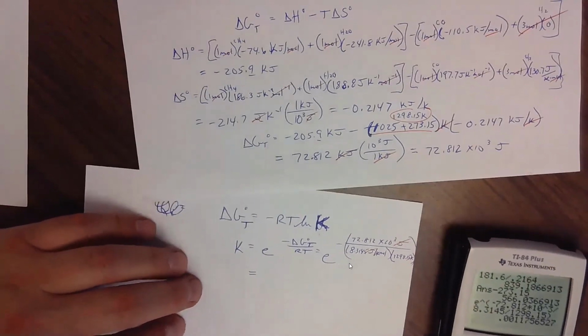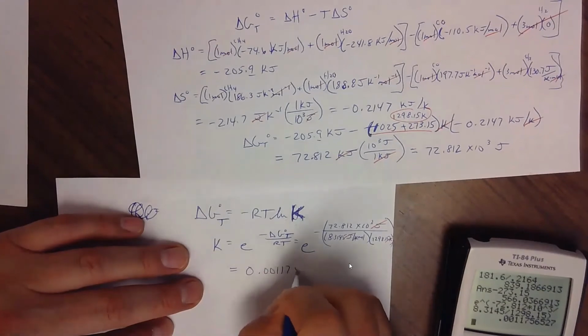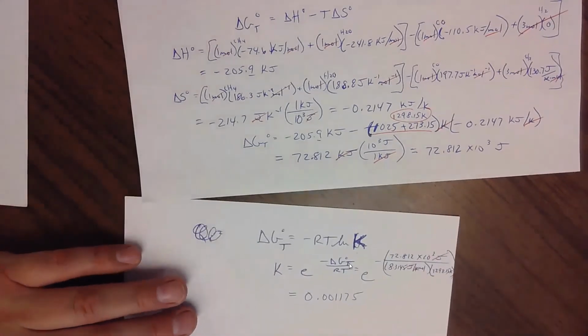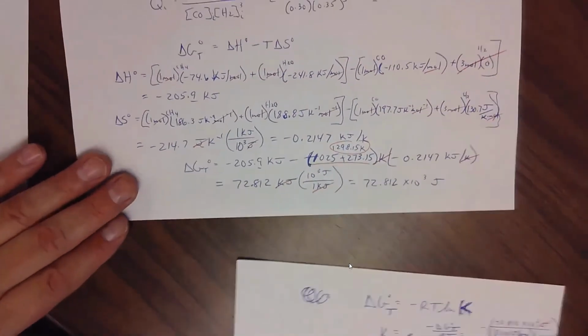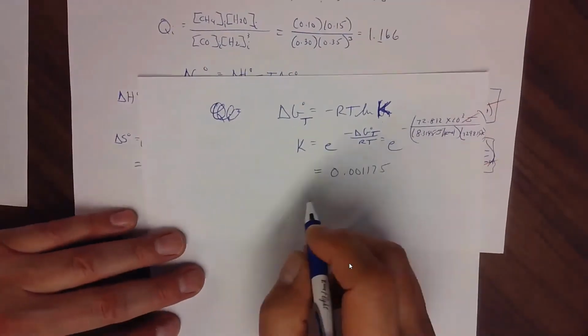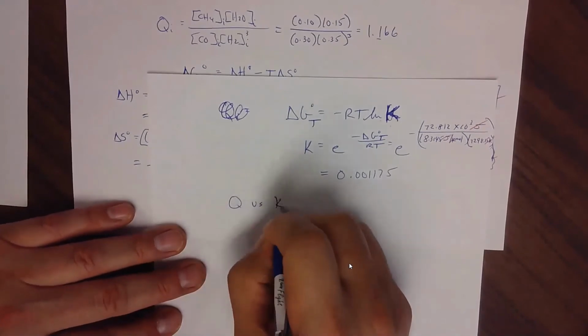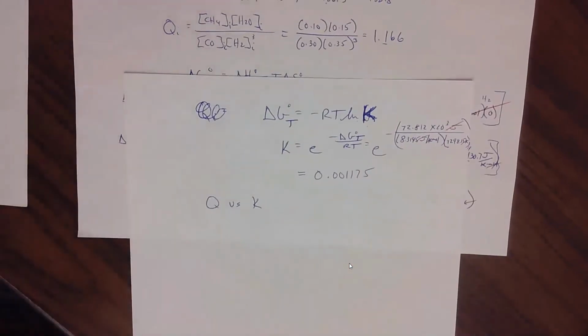So that would give us a K value of 0.001175. So at this point, we can compare Q versus K, right? So Q versus K. So according to what we've done so far, which direction is this reaction going to go in? Towards products or back towards reactants?